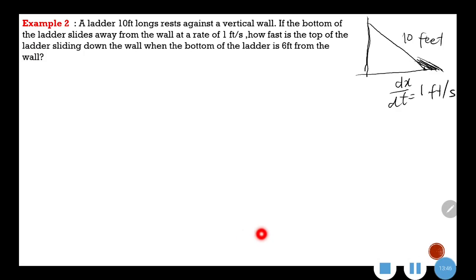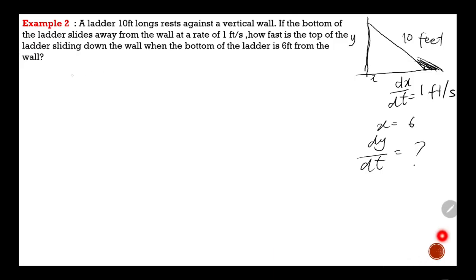So how fast? This is y and this is x. So when x is 6, we want to find dy dt. Now we have x squared plus y squared equals 10 squared.